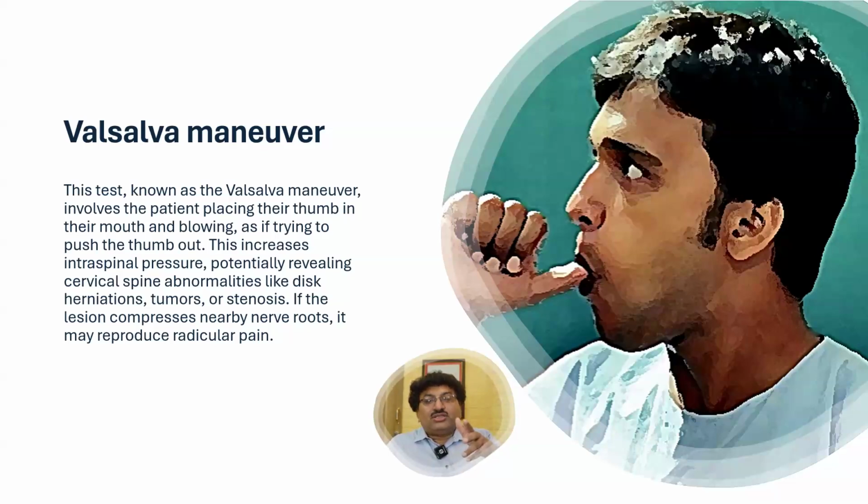It is also the same type of maneuver. It will increase the intrathoracic pressure as well as the intraspinal pressure. So if it increases the neck pain, there could possibly be a large mass or a large disc present, because the pain is increasing with the increase in intraspinal tension.